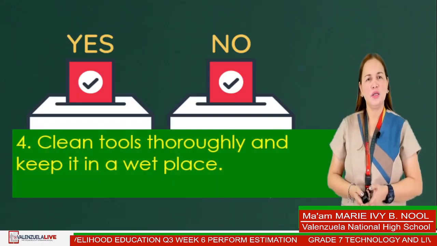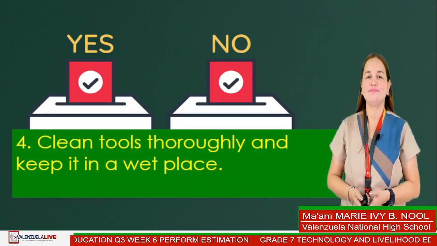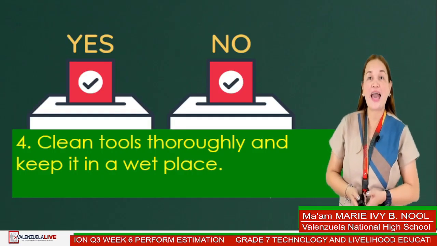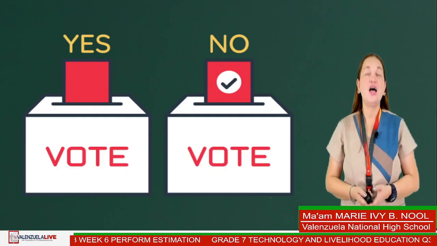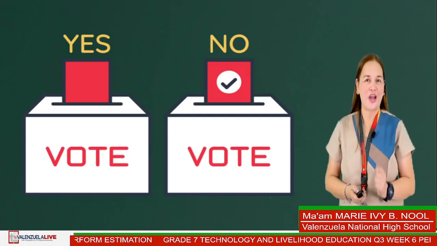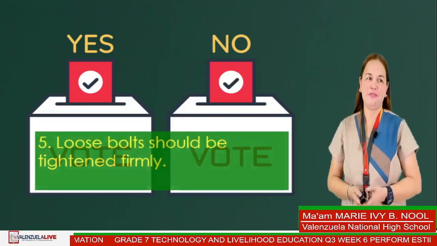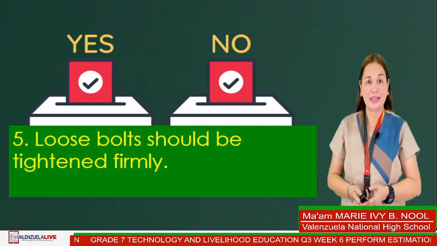Number 4. Clean tools thoroughly and keep it in a wet place. The correct answer is no. Clean the tools thoroughly and keep it in a dry place. Number 5. Loose bolts should be tightened firmly.